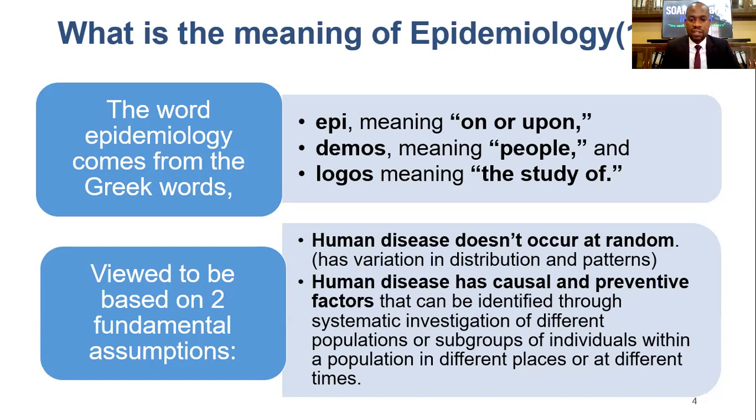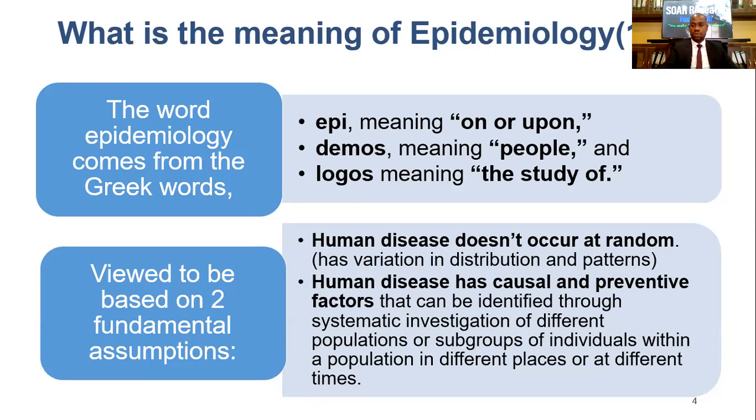So disease can vary in those lines, but also we appreciate that the human disease or health conditions can have causal and preventive factors, which we can leverage when we want to stop progress of a disease in a population.